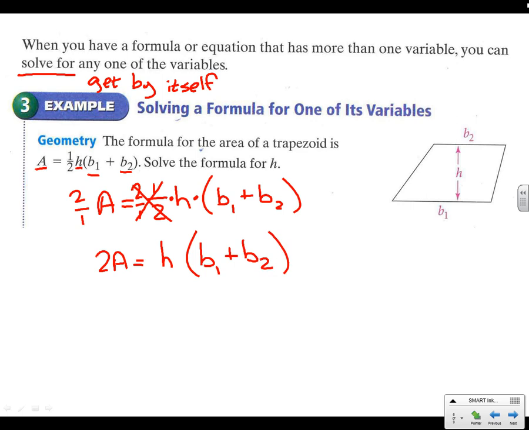Still have the parentheses. How are we going to get rid of those parentheses? So this is almost a trick here. Don't be tricked by this plus here. We need to cancel out the whole parentheses, and the whole parentheses is multiplying the h. To get rid of multiplying, we are going to divide. Divide away the b1 plus b2.